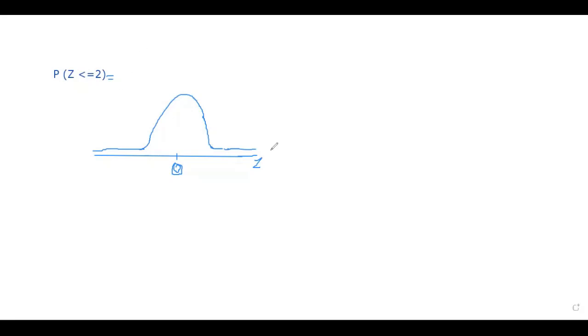So the number above the mean is moving to the right, and the number below the mean is moving to the left. So Z less than or equal to 2 will be on your right, with the area moving to the left.